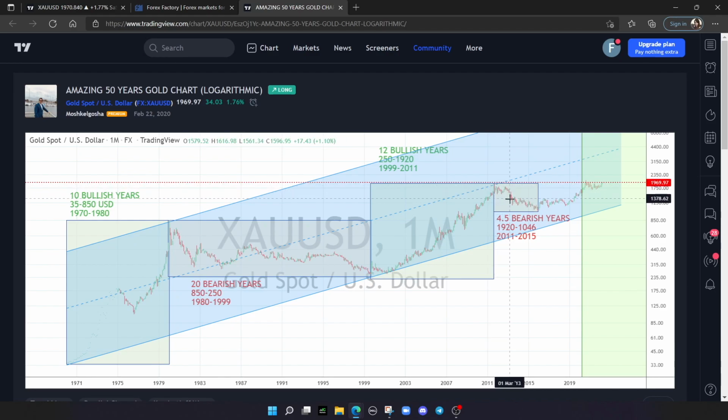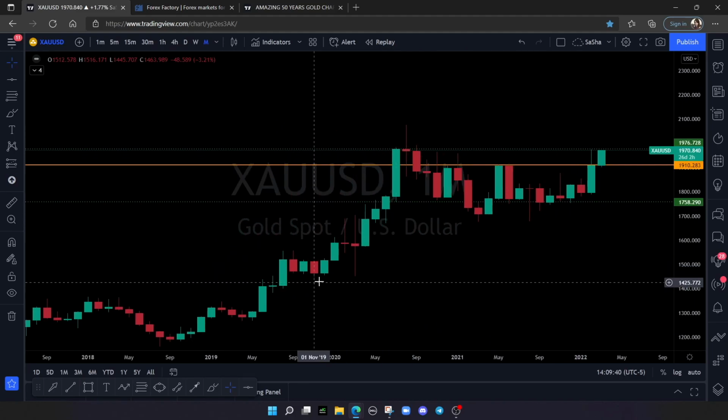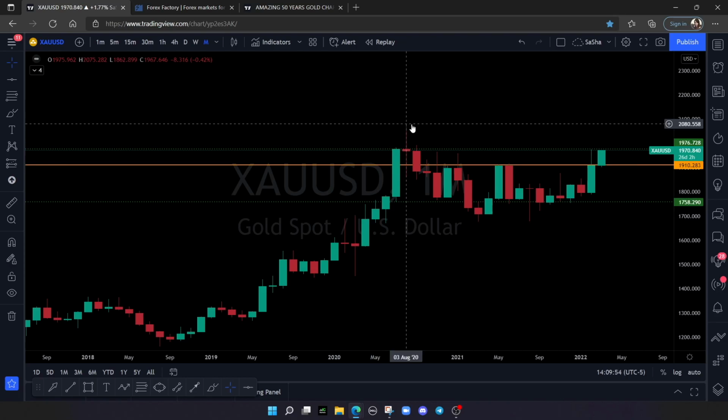In 2011, price again, for 4.5 years, went from 1920 to the 1046 area. We again rallied up. Let's have a look. The most recent push up is very well visible here as well. This 1454 level is where gold pushed up to the 2080, 75 area.